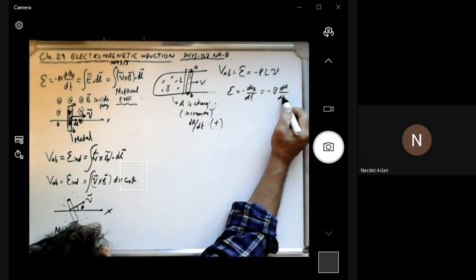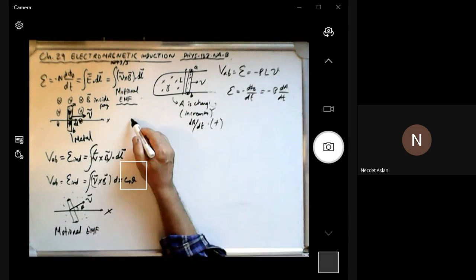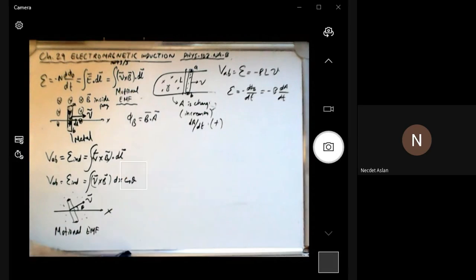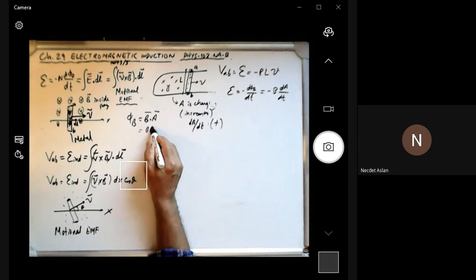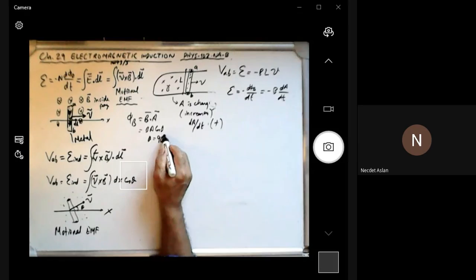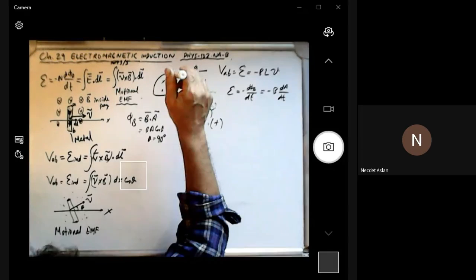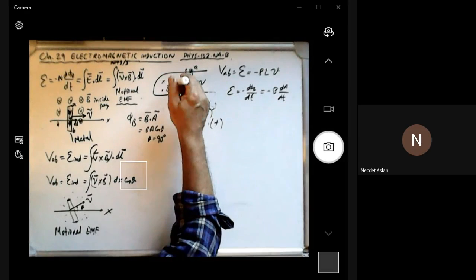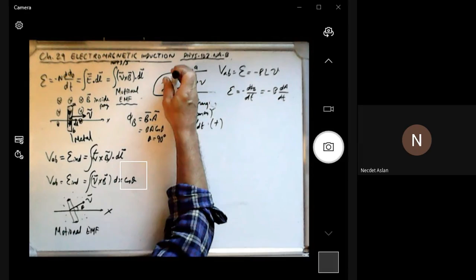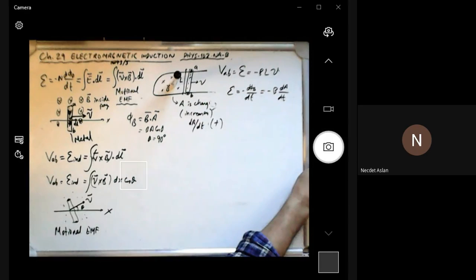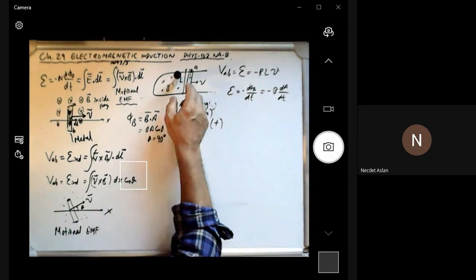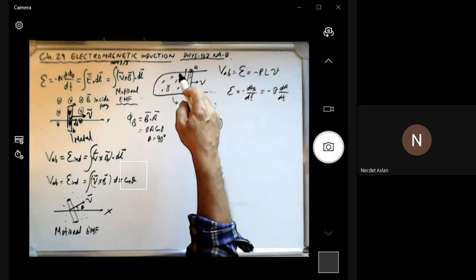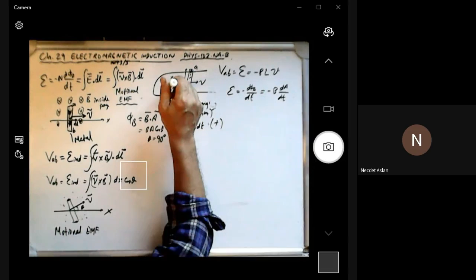Why? Because the magnetic flux is just B dot A in our case, which is BA cosine theta. The area vector doesn't matter if it is 180 or 0 degrees. So magnetic field lines are inside the page, and the area vector is either inside the page or outside.